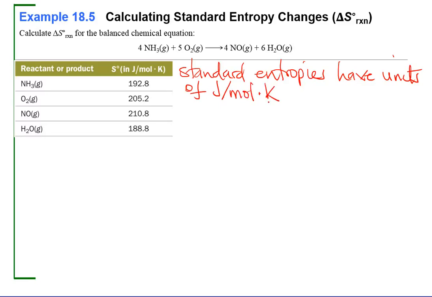The issue is standard entropies are the entropies of 1 mole of a substance. That's what standard entropy is about.